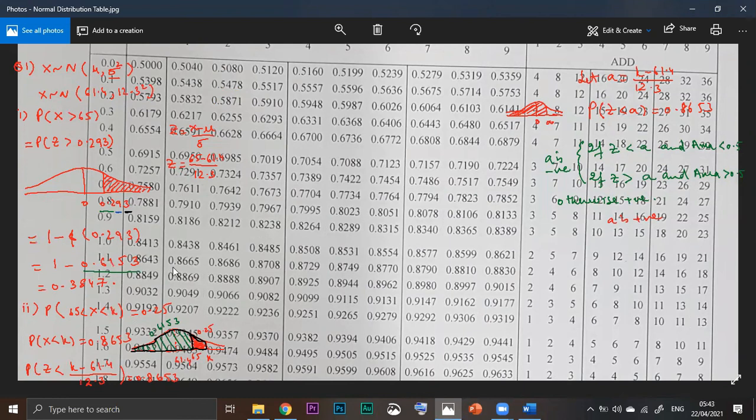We will look at a value which is just less than 0.8653. Now 0.8665 is more than 0.8653. We will look at a value which is just below. The value just below is 0.8643.